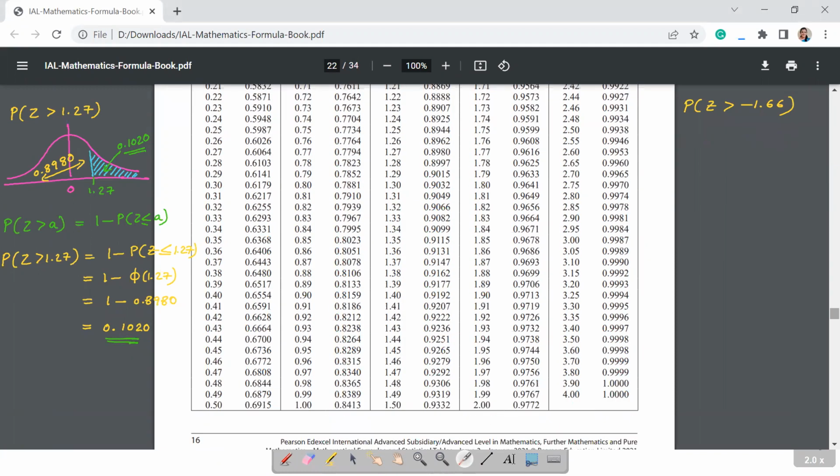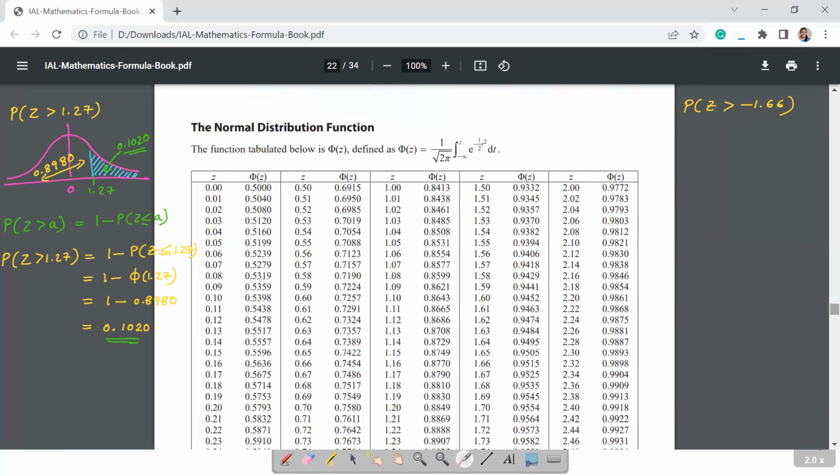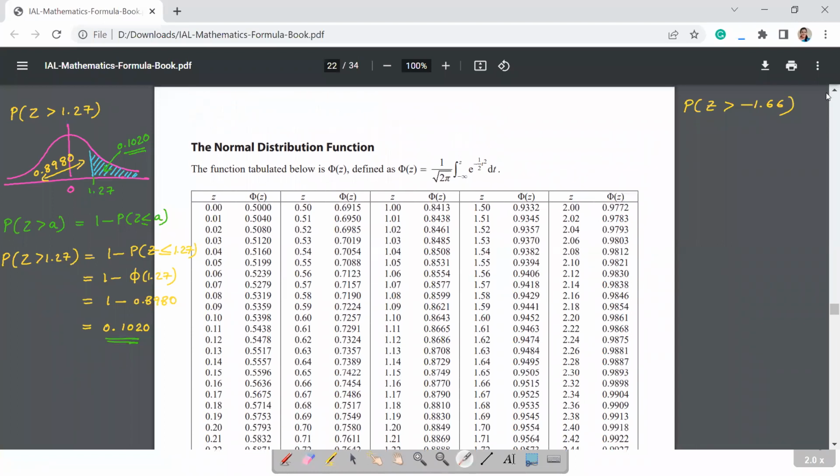So there is 1.66. First thing is let's have a visual idea of what's going on.